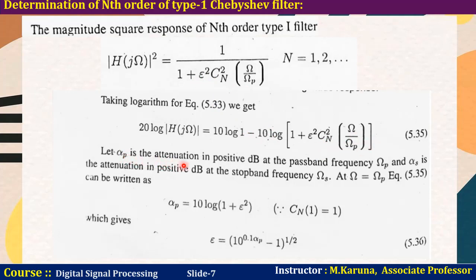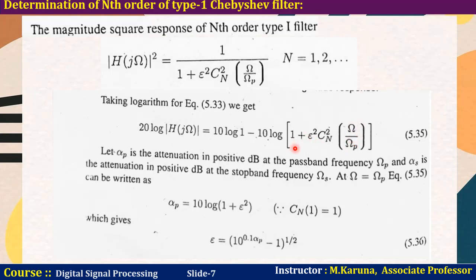Let alpha p be the attenuation at the passband frequency omega p, and alpha s the attenuation at the stopband frequency omega s. Let us see the magnitude response at omega equal to omega p. If you substitute omega equal to omega p, omega p gets cancelled.